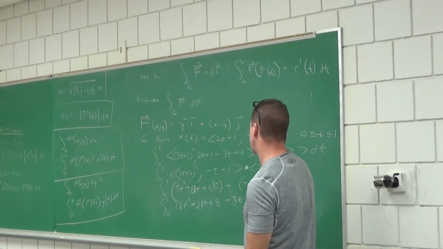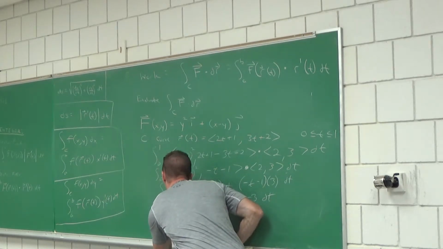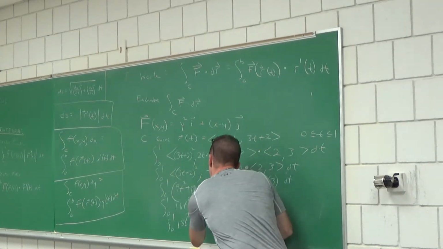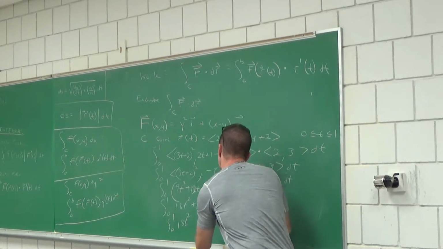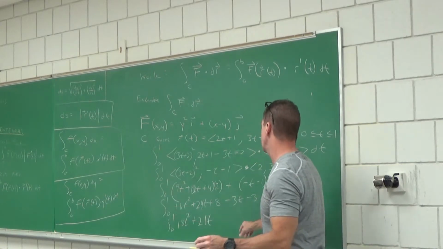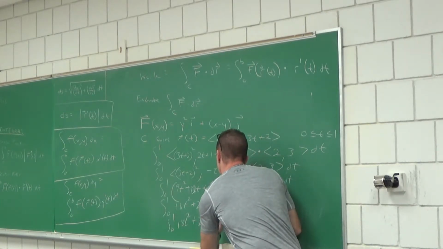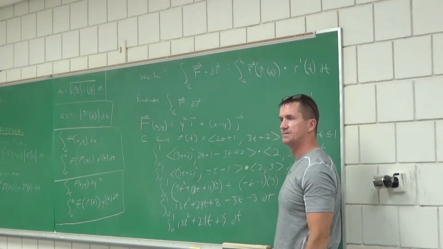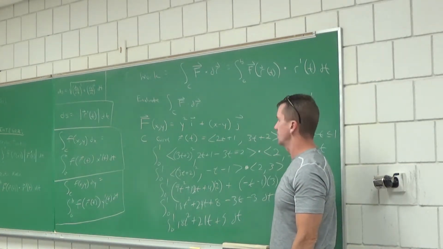Any like terms in there? You've got 18t squared, now what's 24t minus 3t? 21t, and 8 minus 3 is 5. Now I can tell, as we're going to evaluate this, that it's coming out positive. Do you agree along this path?